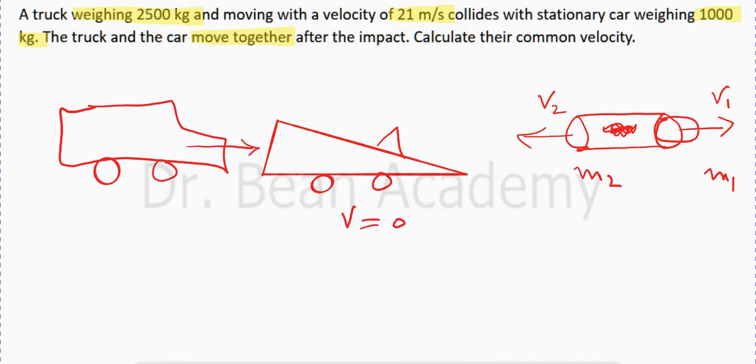The event is the accident, because the truck hits the car with a certain velocity. Before that event, meaning before the accident, they were free and separate, and after the accident they become part of one system. So the situation is similar to the first one, but it's opposite.